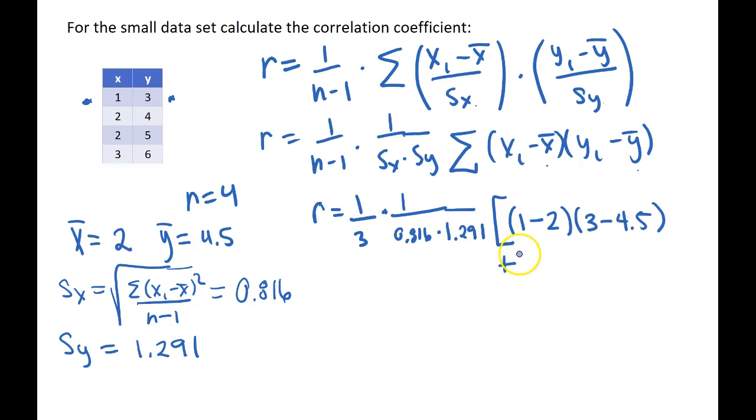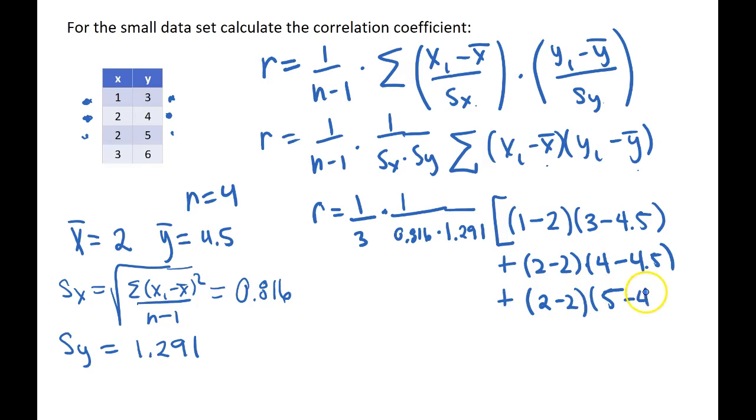And then we need to add on the next one. So x is equal to 2 minus the mean of 2, times its paired value of 4 minus the mean of the y's, which is 4.5. Now add on the next observation: the x is 2 minus the mean of 2, times the y paired value of 5 minus its mean of 4.5, plus the last observation, which is 3 and 6.